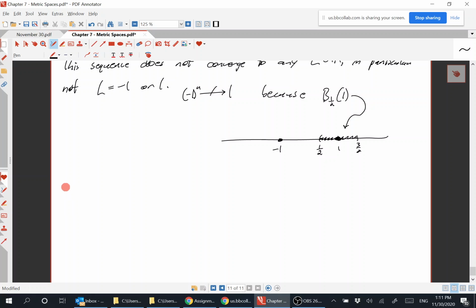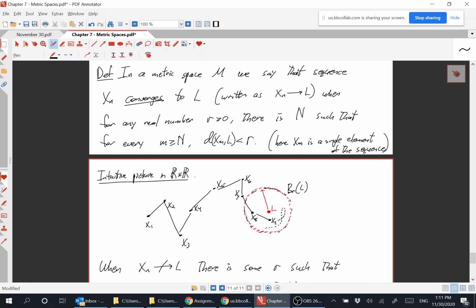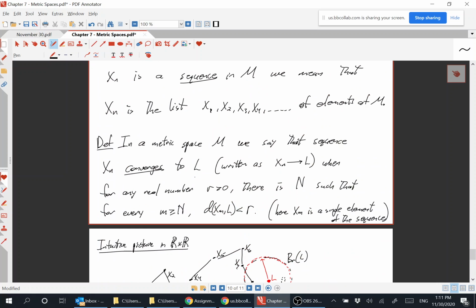How about an example of a sequence that does converge? The sequence 1 over 10 to the n does converge to 0. Let us prove that. So you have to prove it how? For which r do I have to prove that the sequence gets stuck inside that ball?